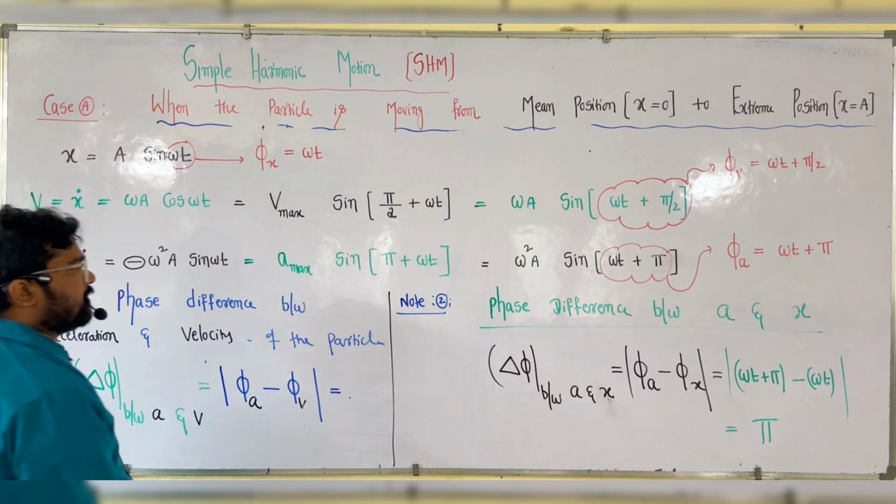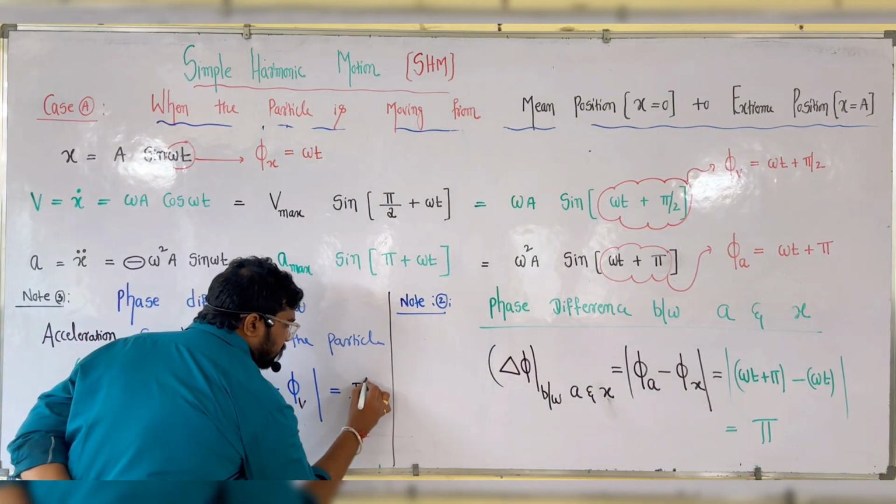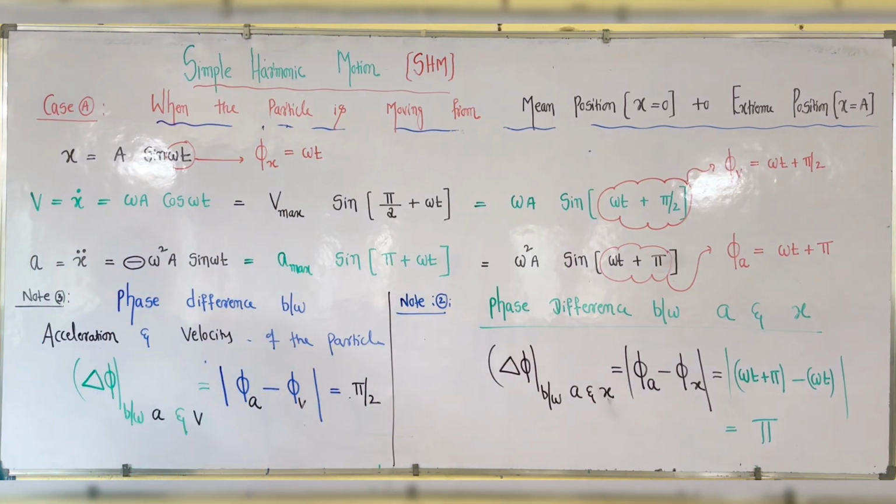Pi minus pi by 2. That is pi by 2. Clear?